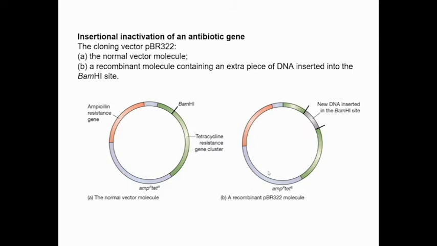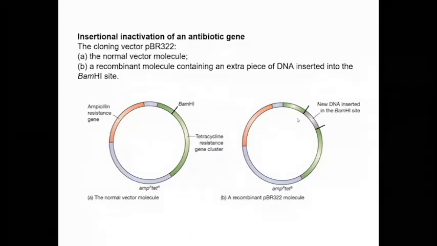Therefore, this plasmid will only provide ampicillin resistance, not tetracycline. But the original vector has both ampicillin and tetracycline resistance. Therefore, introducing a piece of DNA into this BamHI site inactivates the tetracycline resistance. So this is insertional inactivation of an antibiotic gene.